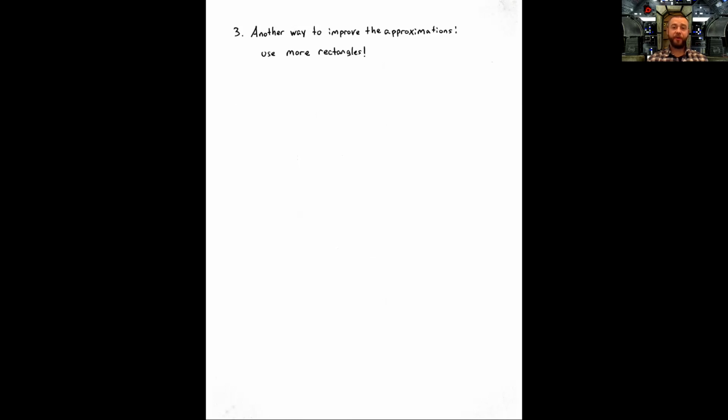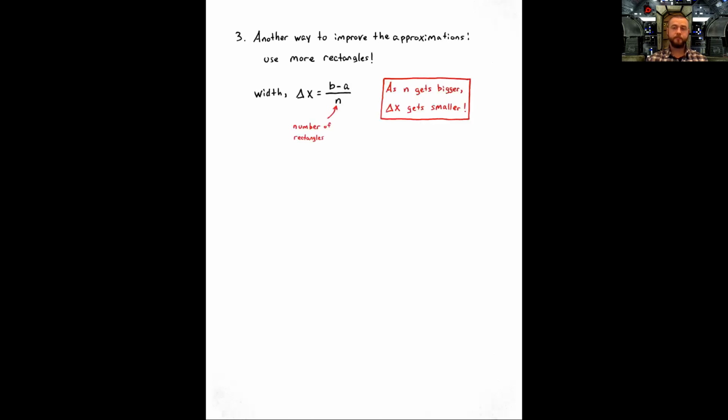All right, there is a third way, rather than using the midpoints, to get an accurate approximation, which is the conceptual starting place for the next lecture. We can just get a better approximation by using more rectangles. Remember, we are dividing our interval from a to b into n equal pieces, or n subintervals or rectangles.